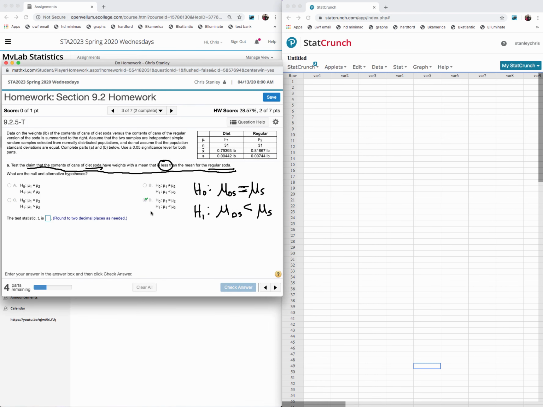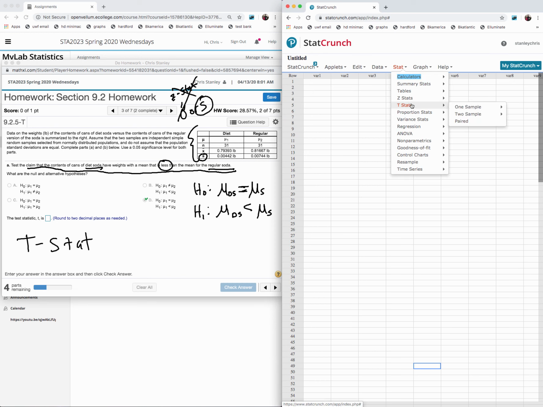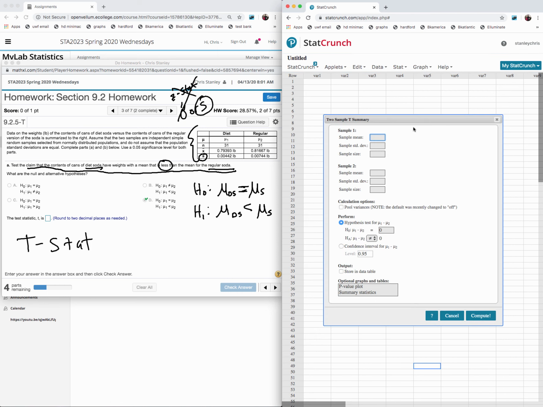Okay, now when you make your decision to run your test, you're looking at this data and you're looking for, do we know sigma or do we know S? In this case, we know S, so this is going to be a t-stat. If it was sigma, it'd be a z-stat. But it's not sigma, it's S. Okay, so we're going to come over here. It's going to be similar to what we just did. We don't have the data, we have a summary.